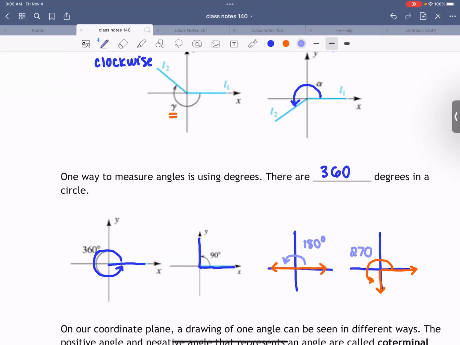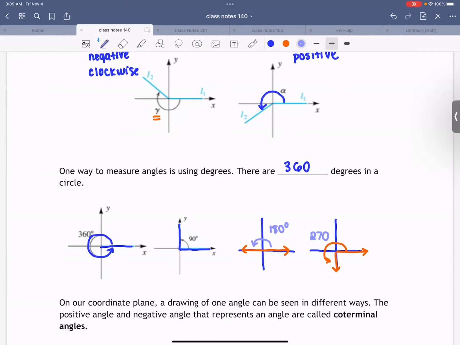Let me think about this. For example, if I asked you to draw something that was 100 degrees, okay, well, where do you think that would be?